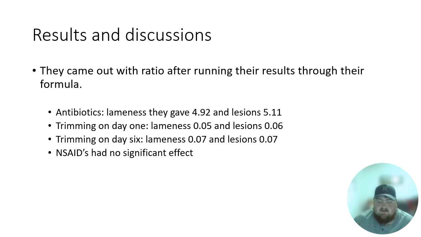In trimming on day 1, the lameness was a 0.05 and a lesion was a 0.06 ratio. And trimming on day 6 was a little more effective. They had a lameness of 0.07 and lesions of 0.07. They did find, after running all their data, that NSAIDs had no significant effect on curing the lesions or the lameness in the sheep.